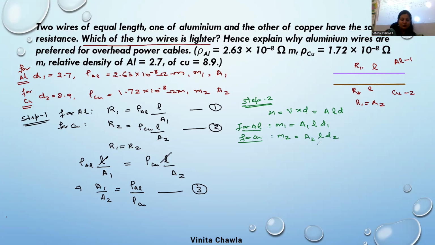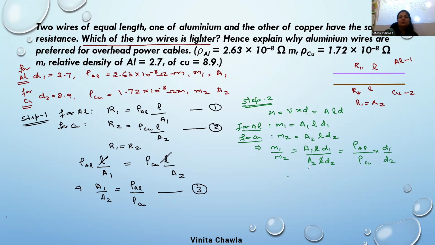Now divide these two. This implies M1 by M2 is equal to A1 L D1 upon A2 L D2. L cancels. We know A1 by A2 is this ratio of resistivity. So we'll write here rho AL upon rho Cu into D1 by D2.